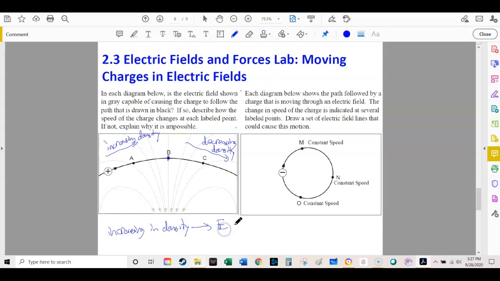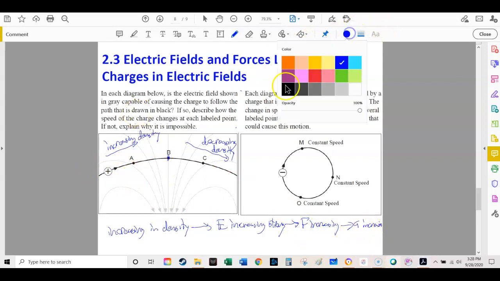The electric field is increasing in strength, which means the force is increasing, and that means the acceleration is increasing. So if the electric field lines are increasing in density, that means the electric field is increasing in strength, which means the force on this positive particle is going to be increasing, and that the acceleration must be increasing.